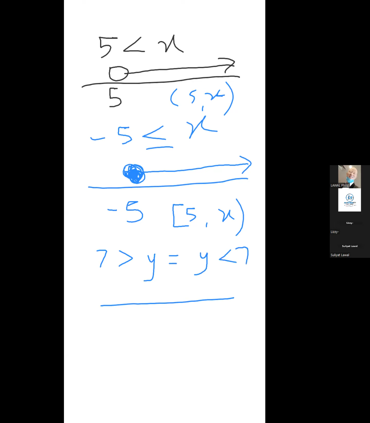So you write your 7 here, you do like this, and you do it how you want. But if I write y is less than or equal to 7, then what I'm saying is that my 7 starts here.